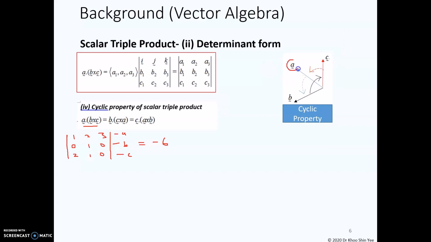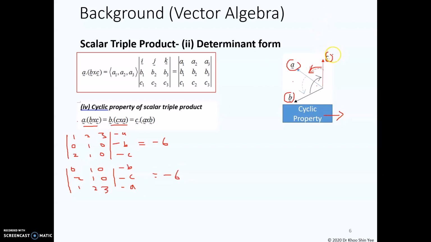So we see A dot with the B and cross with C. By using the cyclic property, you also can perform B dot with C and cross with A, which is this. And you can write the determinant to be B first, 0, 1, 0, and then continue with C, 2, 1, 0. Lastly, continue with A, 1, 2, 3, and you still obtain the same answer.